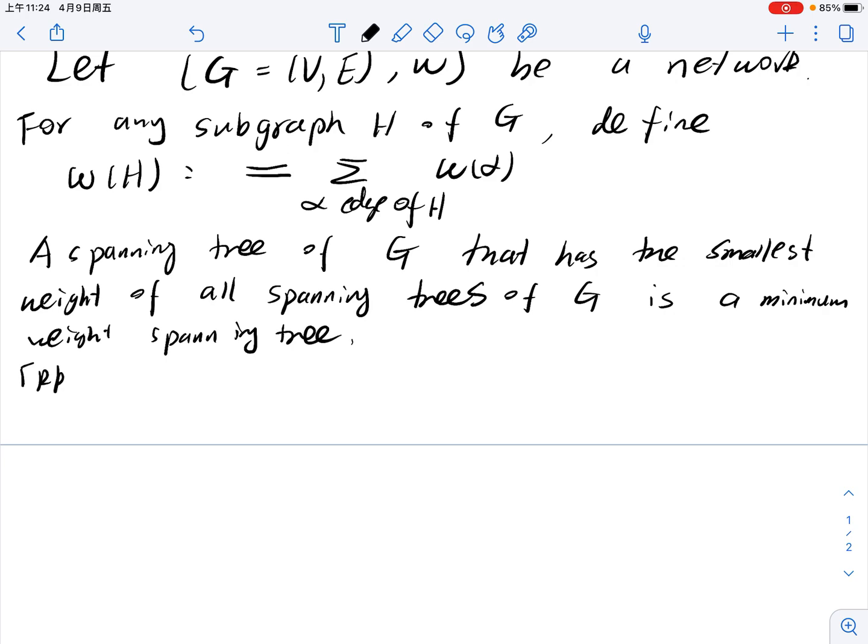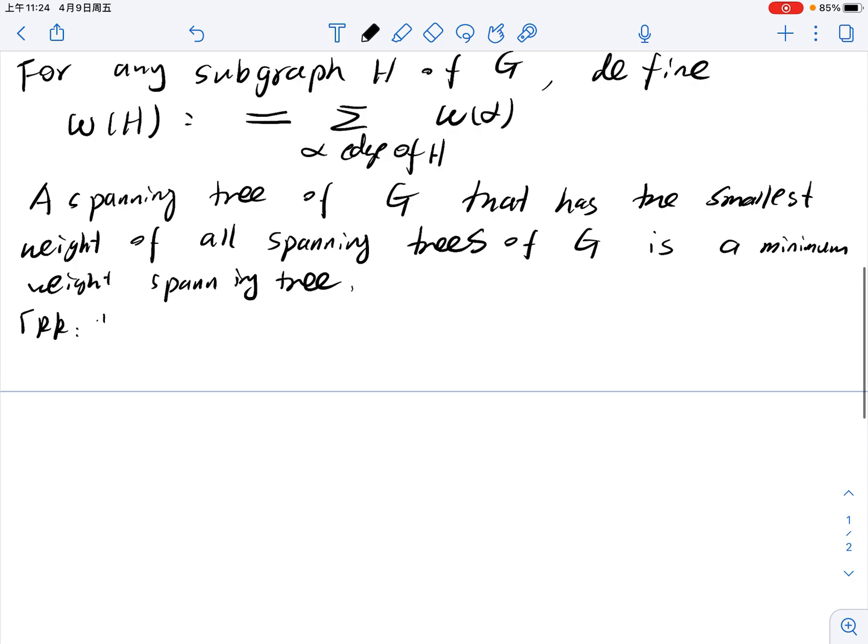A remark is that even the minimum weight spanning tree is not unique in general.